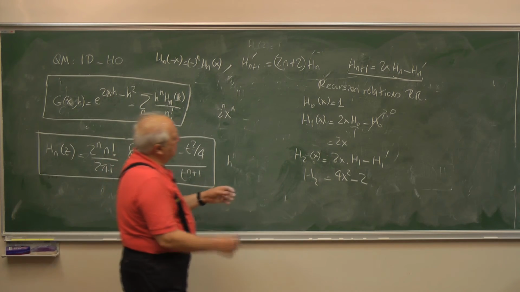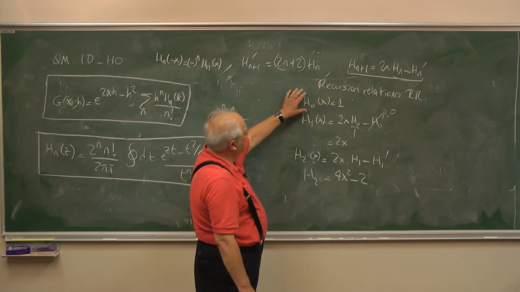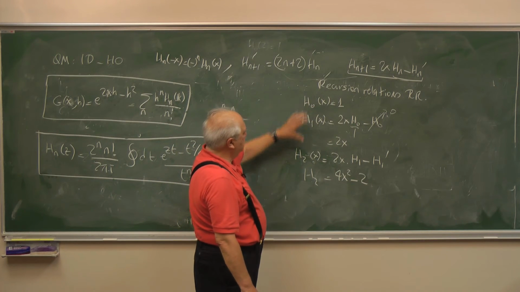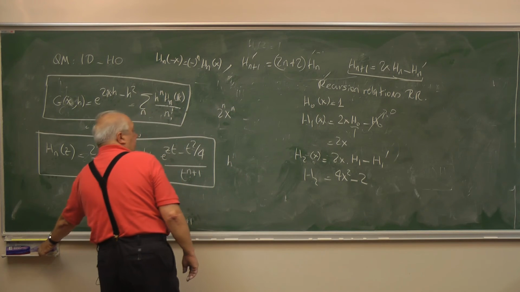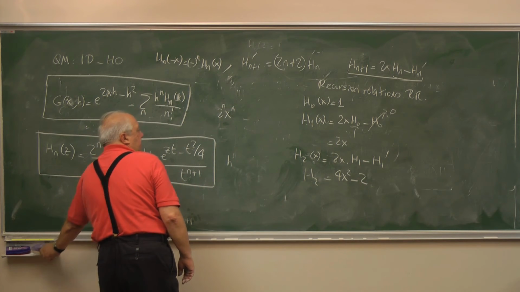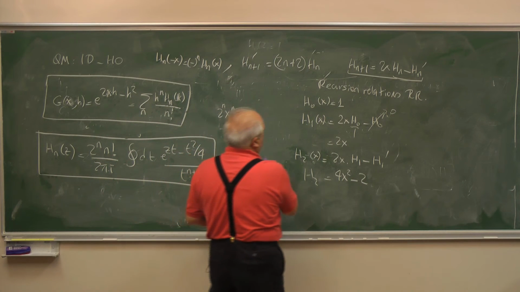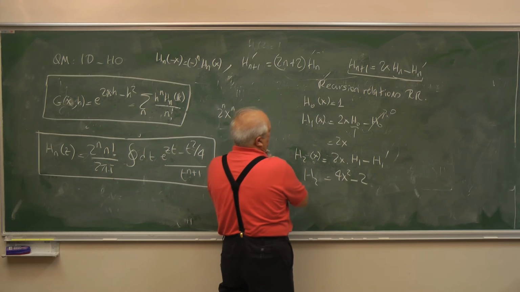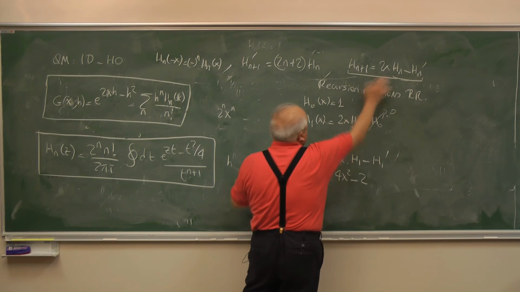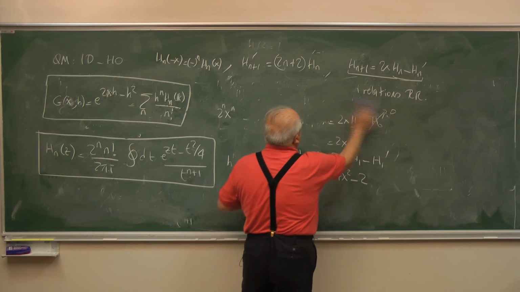This is the third time we can use recursion relations to construct these Hermite polynomials. All right. So what else can we do? I'm erasing this part, that we can generate the higher Hermite polynomials if we know the lower ones.